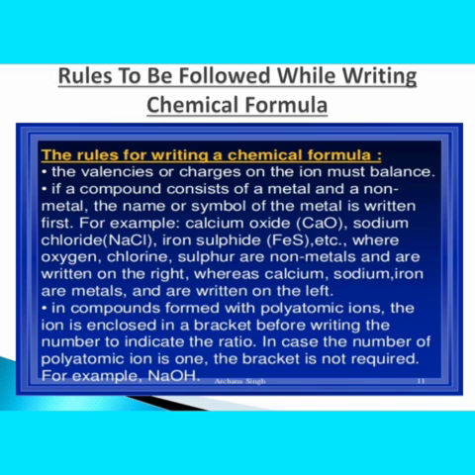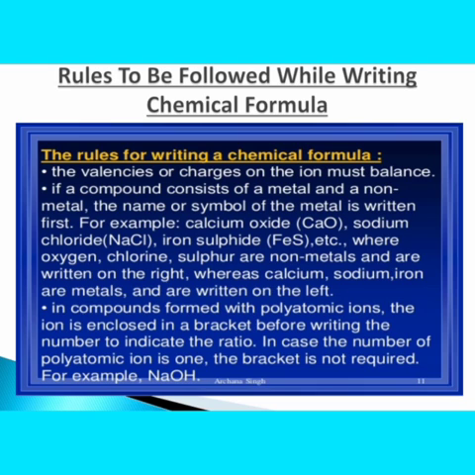In compounds formed with polyatomic ions, more than 1, the ion is enclosed in a bracket. If it is a polyatomic ion, then it is enclosed in the bracket. You might have come across this kind of chemical formula. If the number of polyatomic ions is 1, the bracket is not required.